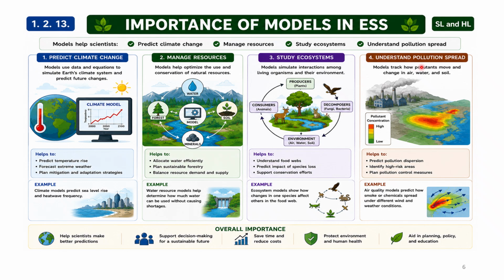Finally, models help us understand pollution spread in air, water, and soil. Air quality models predict how pollutants disperse under different wind and weather conditions, helping identify high-risk areas and plan control measures. Overall, models improve predictions, support evidence-based decision-making, save time and resources, protect environmental and human health, and contribute to sustainable environmental management.